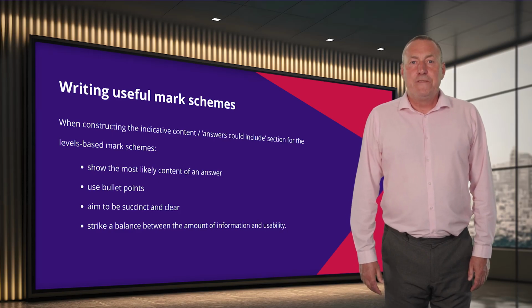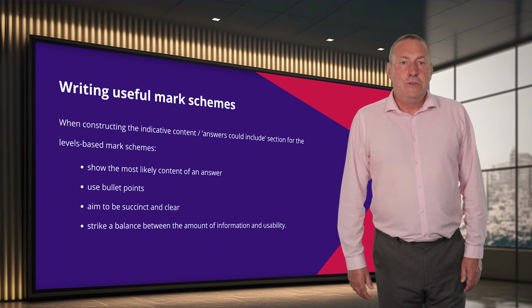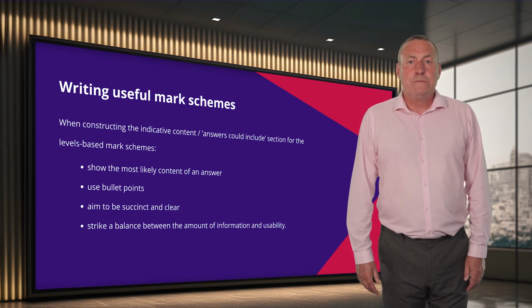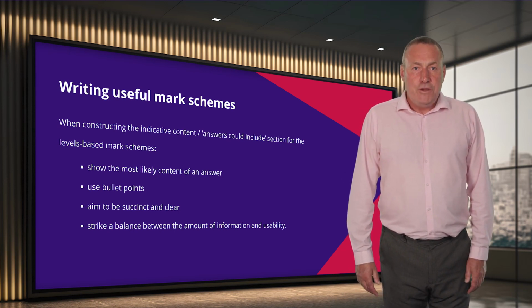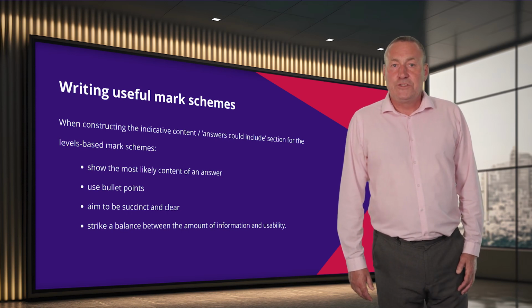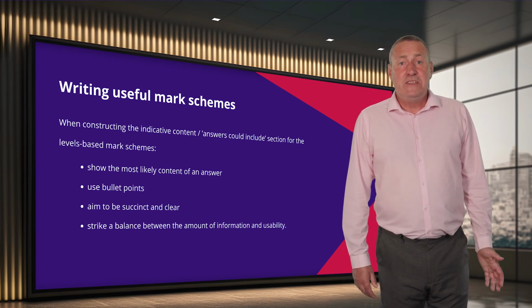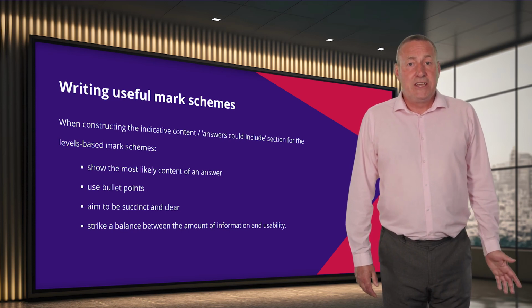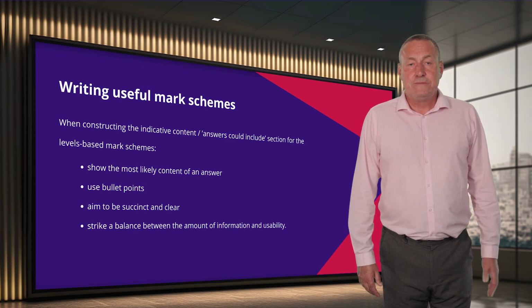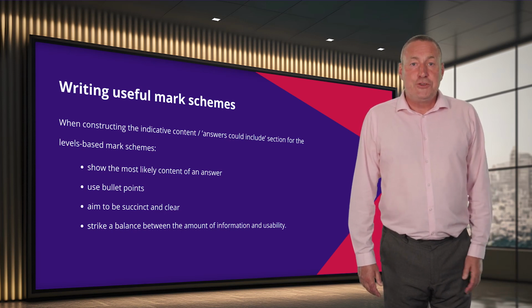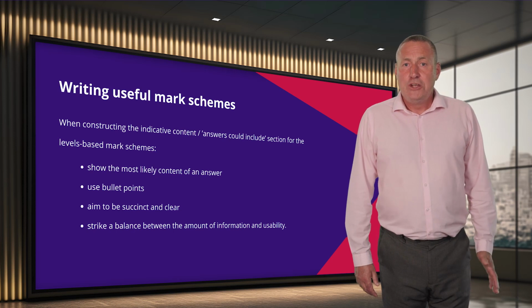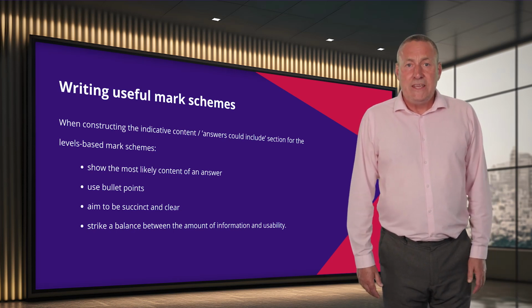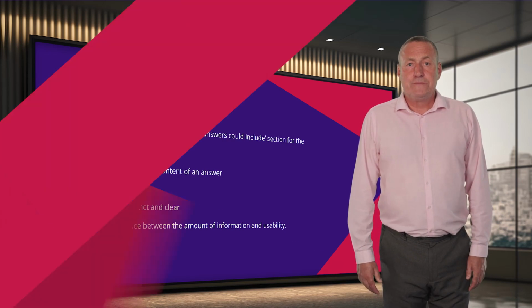Try to give enough information to be helpful, but not too much to overwhelm. Providing too few potential answers or too little information means you are unlikely to cover a broad enough range of responses to cover what you are likely to see in student responses. Whereas providing too many potential answers, too much information, makes the mark scheme unwieldy and hard to use.